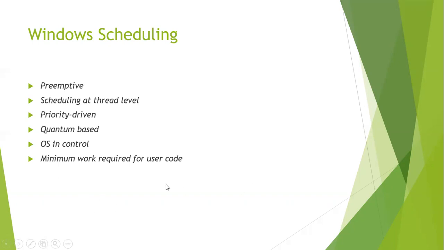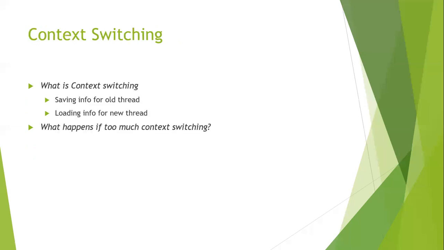Right. So this is the minimum work required for the user code. We need not worry much about it, because the thread will keep on running on the CPU. The Windows operating system will decide when to run on the CPU and when to kick out of the CPU. Context switching we already discussed.